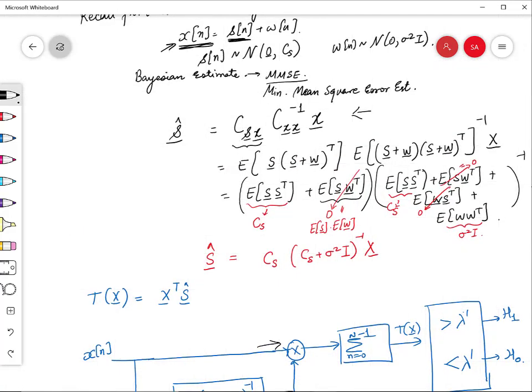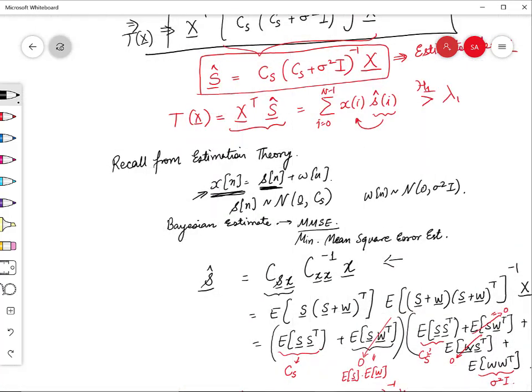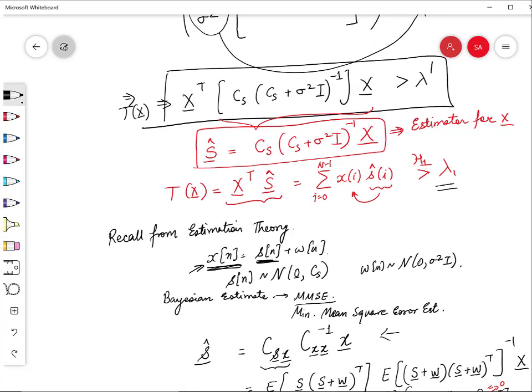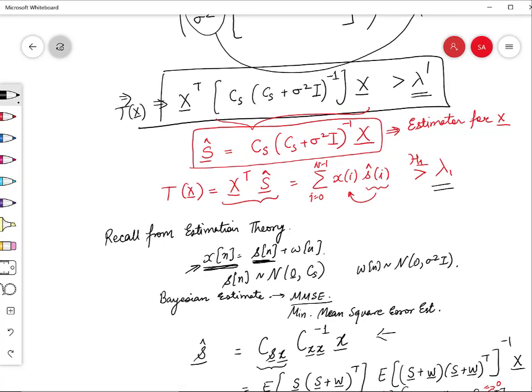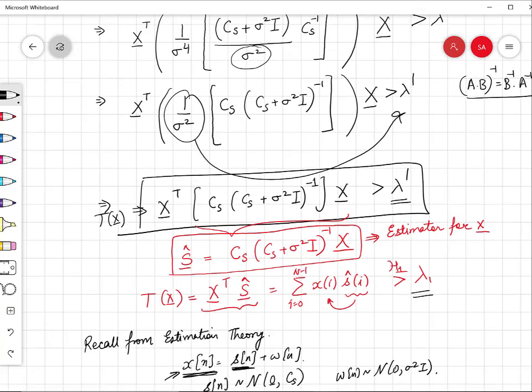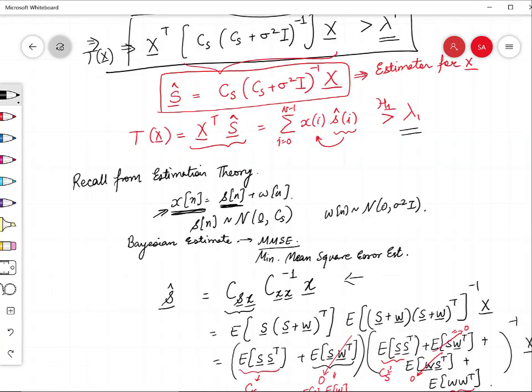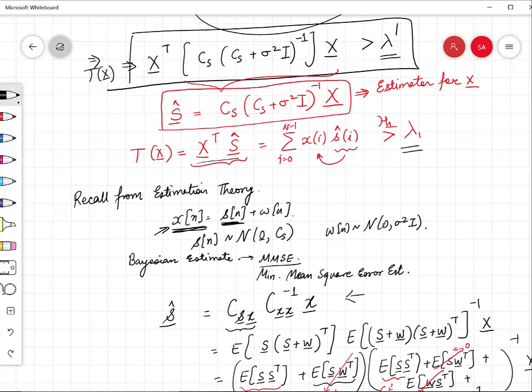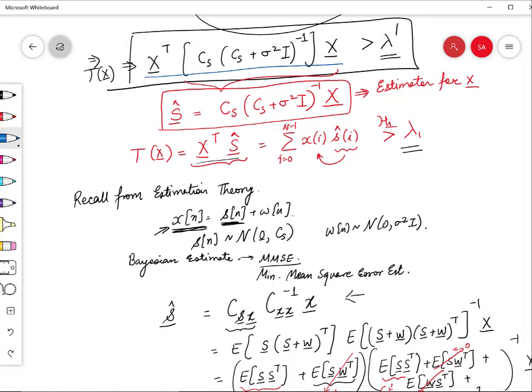Now you can also find out how to get these lambdas, by finding the distribution of T of x. Now T of x is again going to be a Gaussian random variable, with the mean shifted. Obviously, you can see it is a quadratic form, so it is again going to be a Gaussian squared.